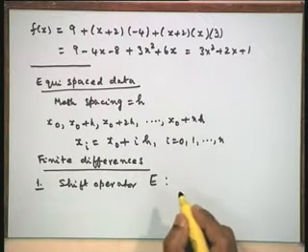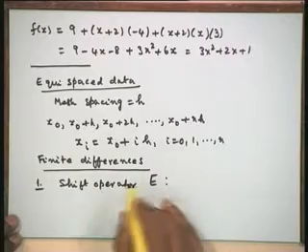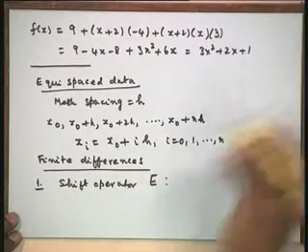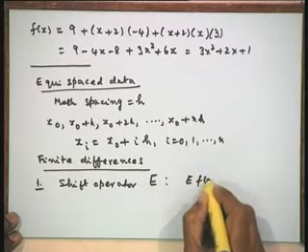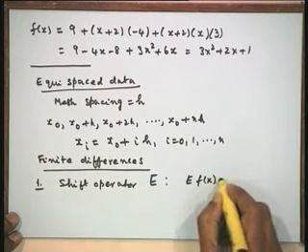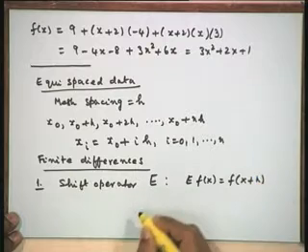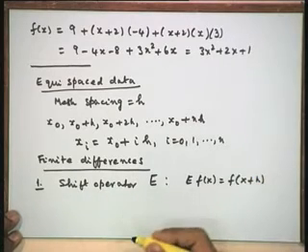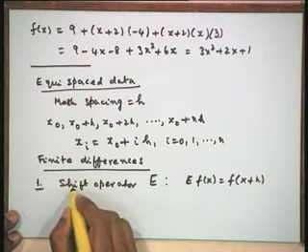The effect of this operator is, if I operate it on any function, it will shift it to the value at the next point. It is a shift operator. So, if I apply E on f x, it will shift it to the value at the next argument, that is x plus h. So, it will shift it to the value at the next point. That is why, by definition, it is the shift operator.